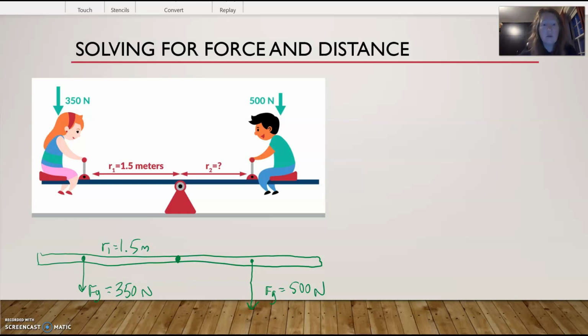It would have some weight that is probably much less. For the beam, we don't know that really. Maybe often they'll say it's massless, but we don't really know. So maybe we can't find that right away.